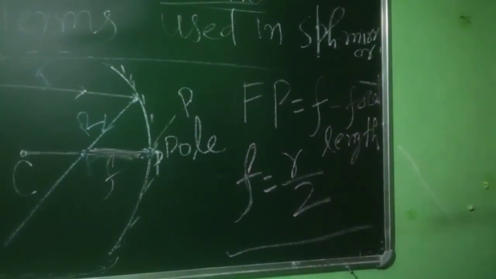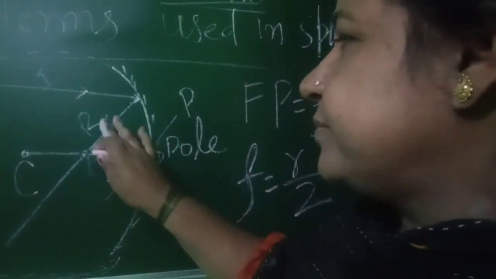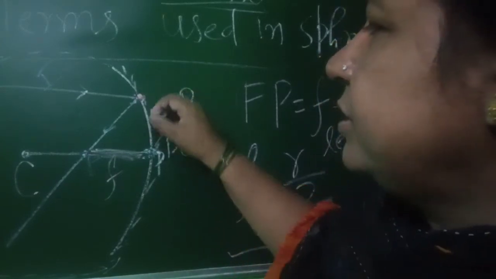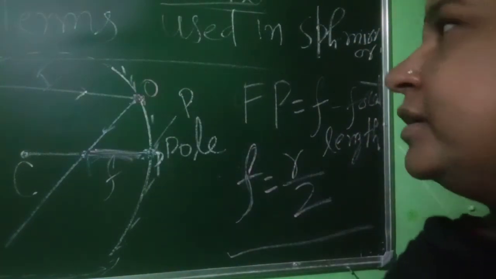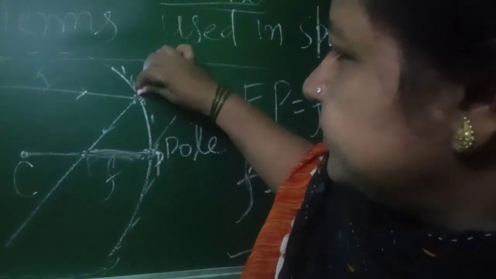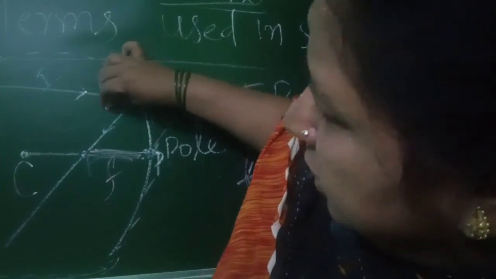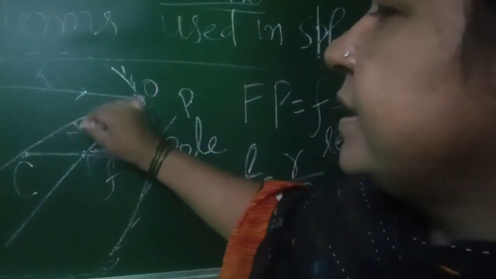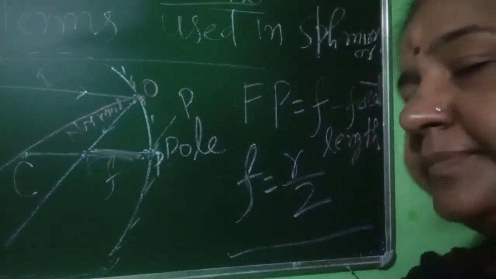Understand? Now this is the incident ray, this is the reflected ray, and this is the point of incidence. The perpendicular line at the point of incidence that passes through the center of curvature is called the normal of the spherical mirror.